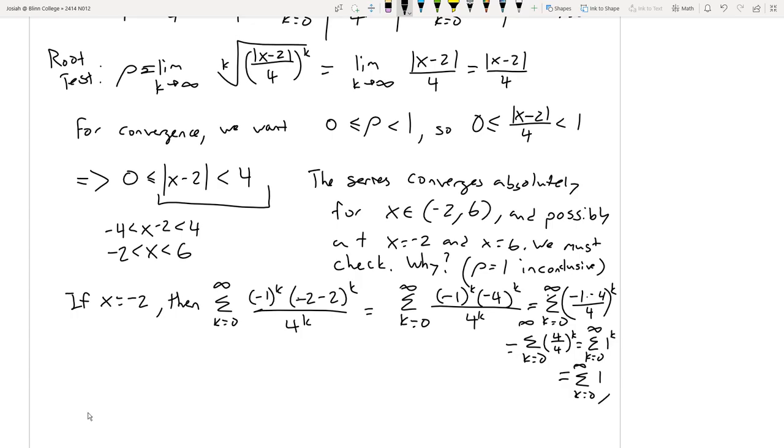This diverges. So this is a series which diverges, and we have to think why. Well, it certainly will just get bigger and bigger and bigger, right? That's the divergence test that causes that to fail.